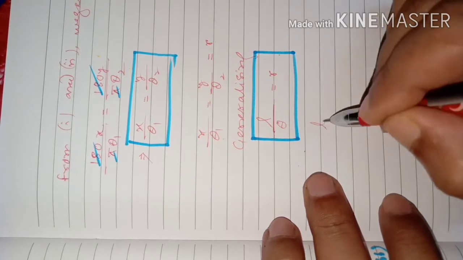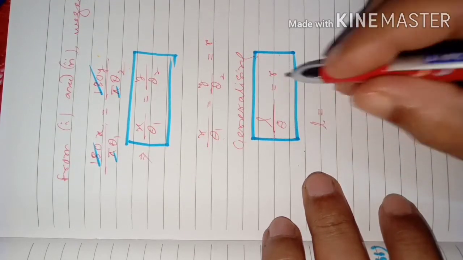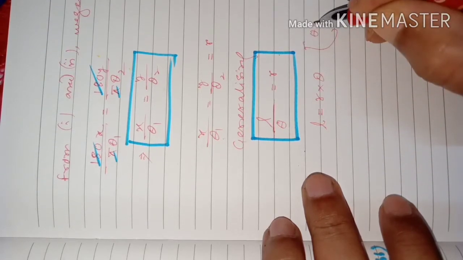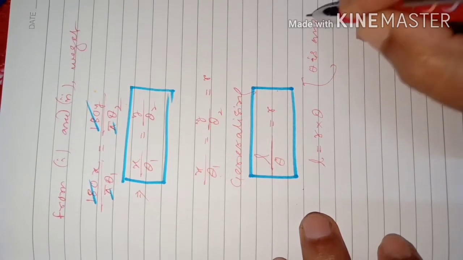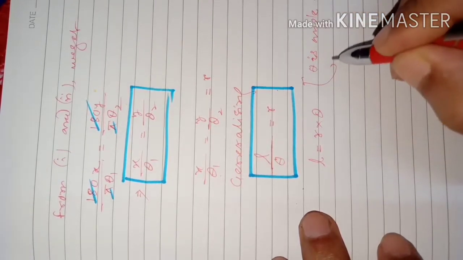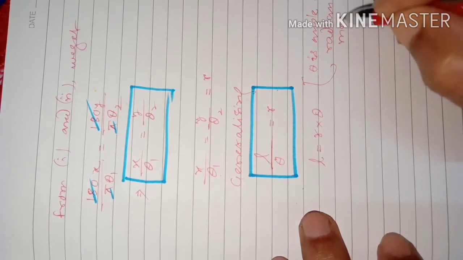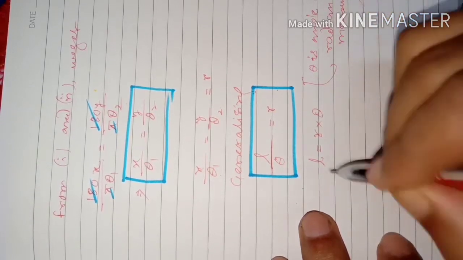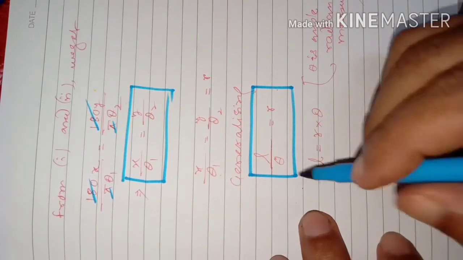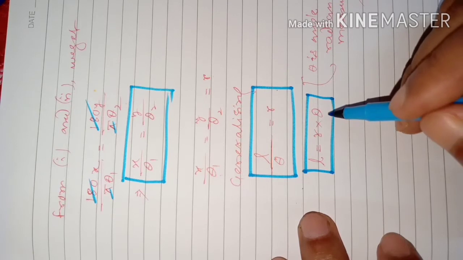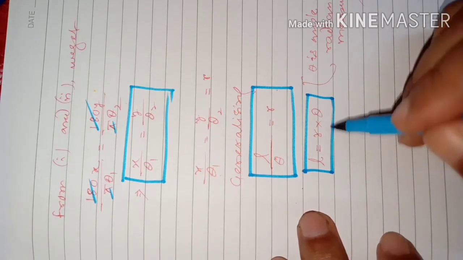It means L can also be written as R multiplied by theta, where theta represents an angle in radian measure. Okay, students? So this is a new statement we got, that the length of an arc can also be calculated if the angle is given in radian measure using this formula.